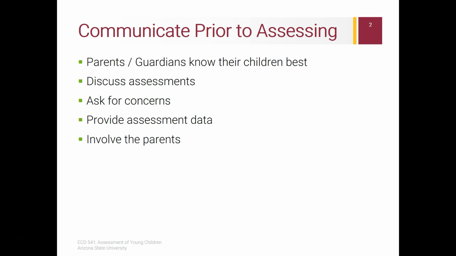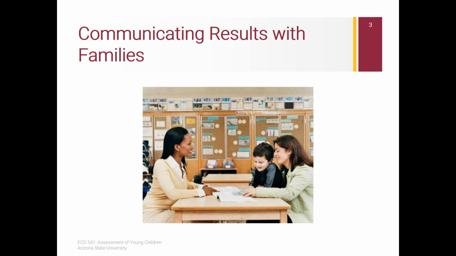Finally, if any changes need to occur to any previously discussed assessment plans, be sure to involve parents in the discussion. Once assessment has occurred, it is important to look at each family individually when communicating assessment results. Understanding their culture, community, and values will help you communicate more clearly with the family and possibly prevent any conflicts.